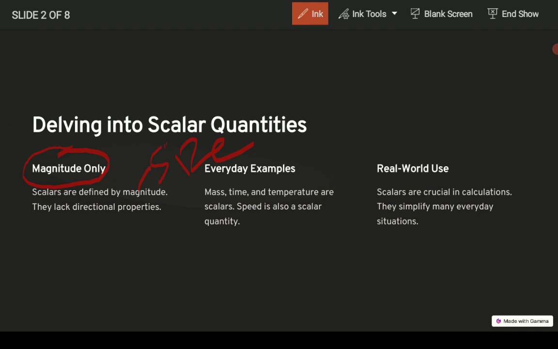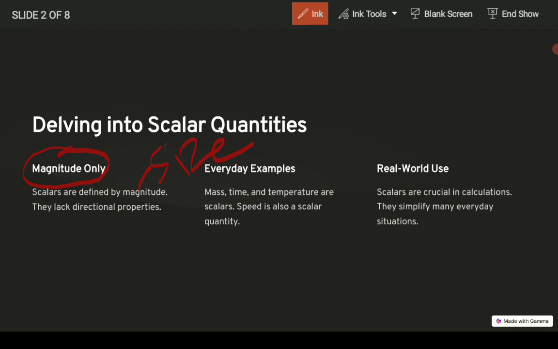So mass, time, and temperature are the common examples of scalars in physics. But also speed is another example. Remember, speed is the rate of change of distance, or distance covered per unit time. So distance covered per unit time is also a scalar quantity.